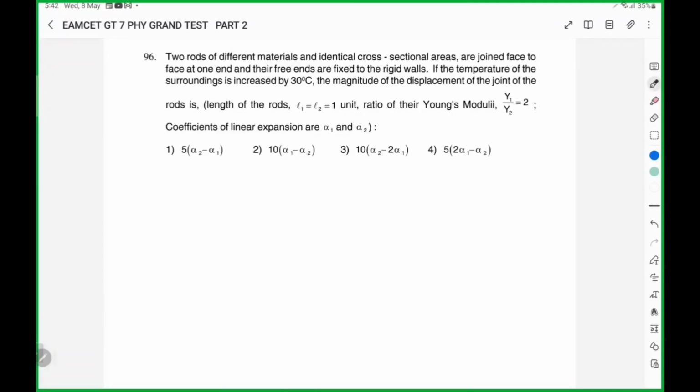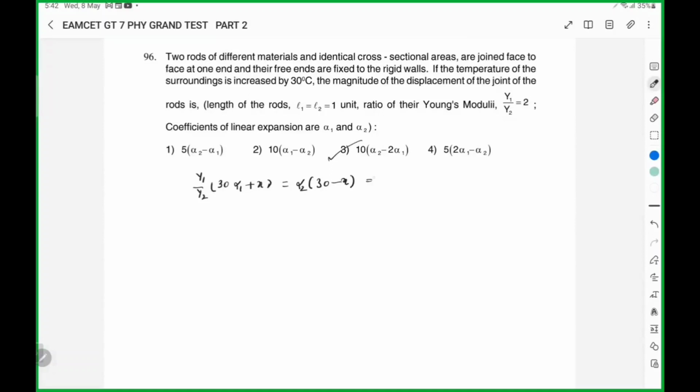This problem I discussed in part 1, but there was a simplification mistake. The answer is not second, the answer is 3. So at the end, I wrote y1 by y2 into 30 alpha 1 plus x is equal to alpha 2 into 30 minus x.